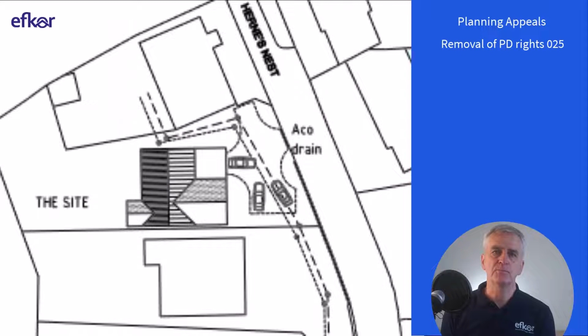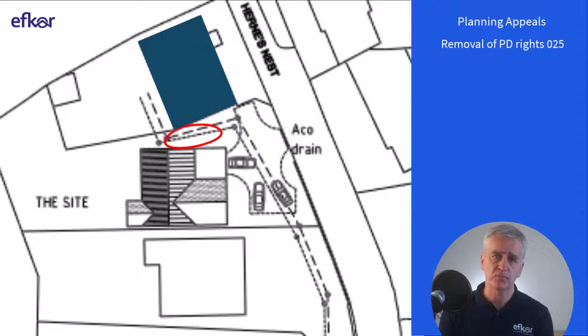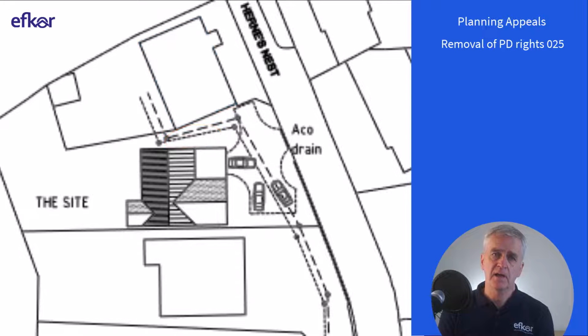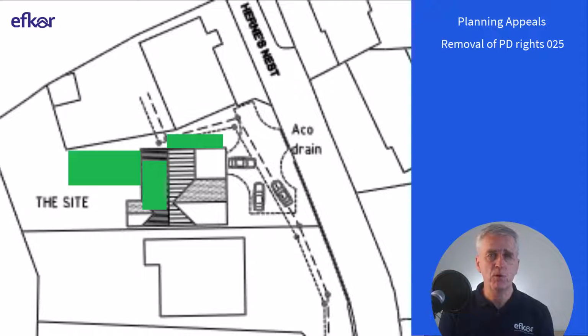The inspector observed that there was little space to add a side extension. Any such addition would be largely obscured by number 14. A single-storey rear extension would not be visible from the street. Neither would any roof extension. All possible extensions would be small scale and would not disrupt the character or appearance of the area.